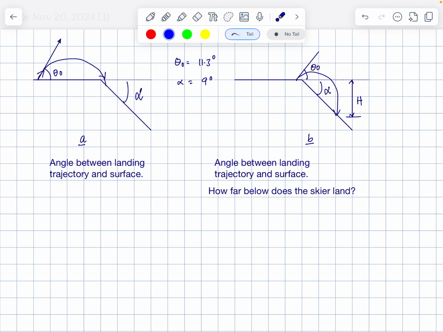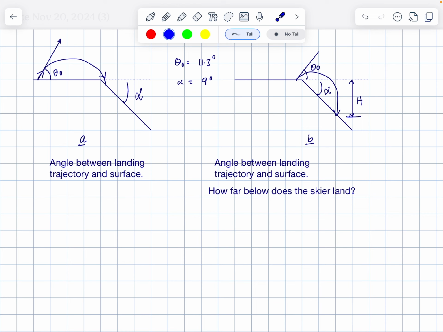So if we know the initial angle of the jump, we want to know what is the angle between the trajectory of the skier and the inclined plane, which is inclined at an angle alpha equal to 9 degrees. Okay, so that's what we want to know.